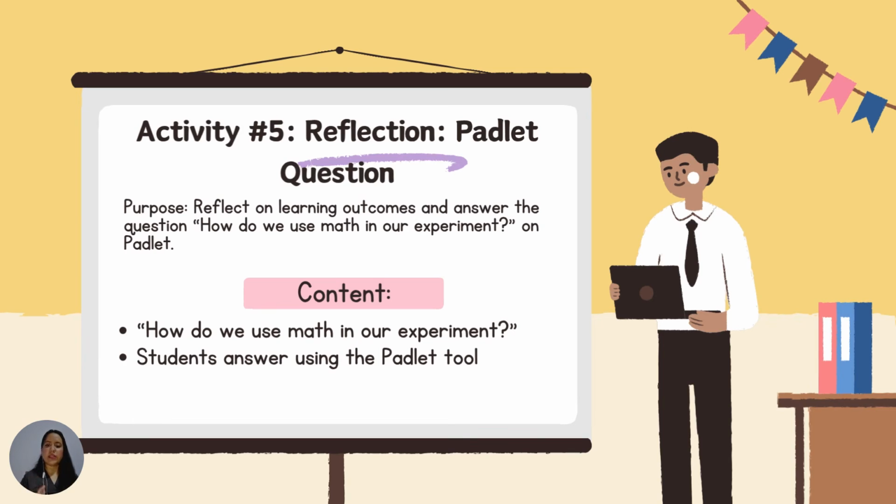The purpose of this activity is to reflect on learning outcomes and answer a question: How do we use math in our experiment? They are going to use a Padlet for this activity.